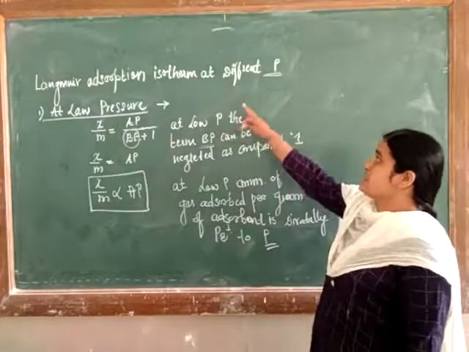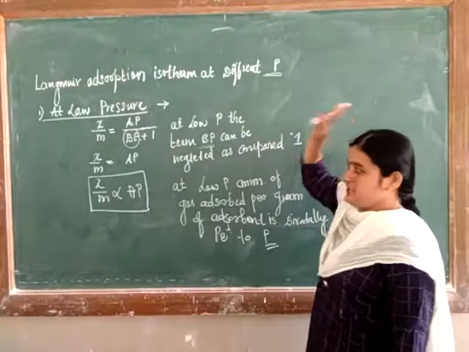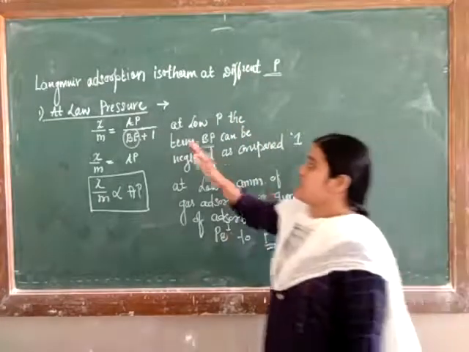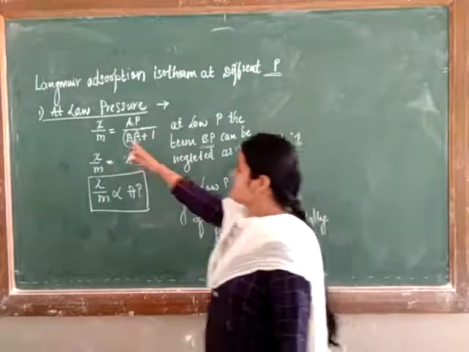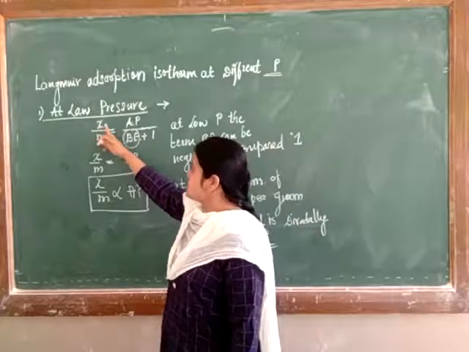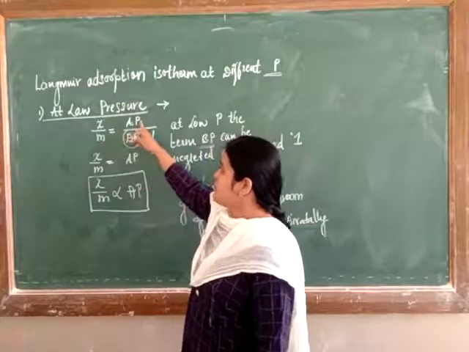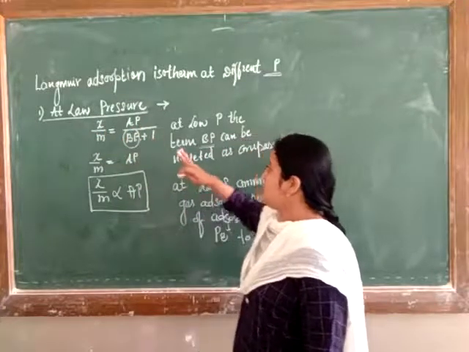To recap, for linear adsorption isotherm at low pressure, the equation is x/m = AP/(BP + 1).